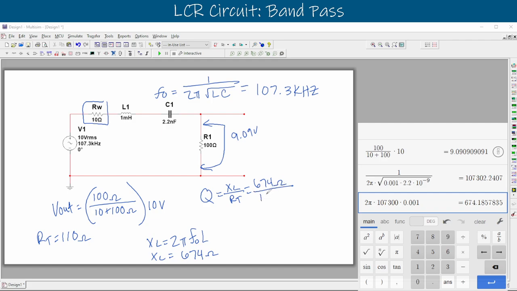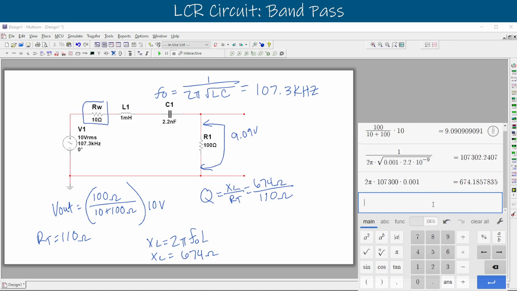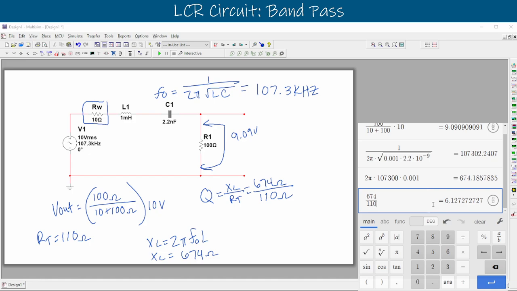We'll divide that by 110 for our total resistance. We found that earlier. And we can figure out our quality factor for this one. So say 674 divided by 110. We can round that one up. We got a quality factor, Q, equal to 6.13. And again, it's a factor, so it doesn't have an ending on it there.